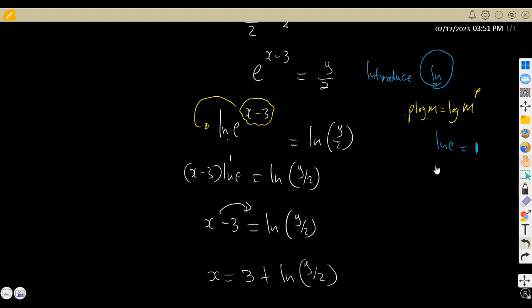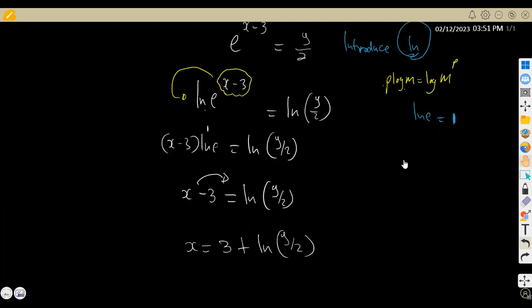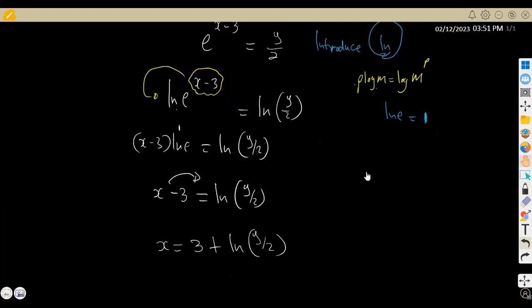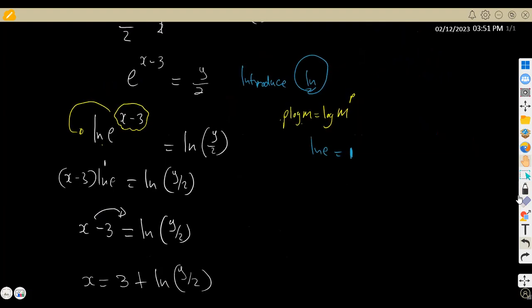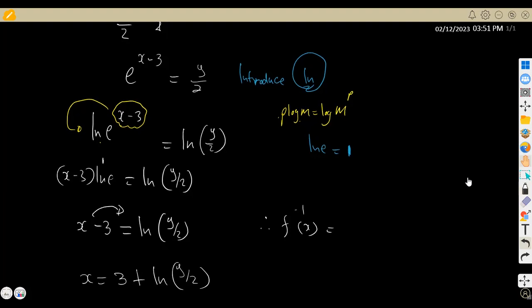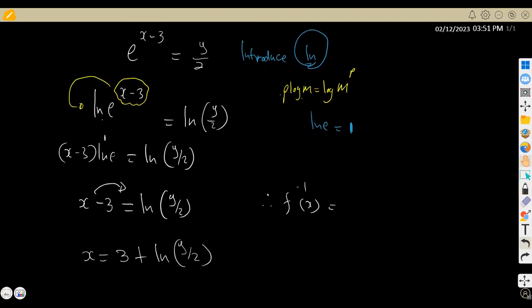So therefore, the inverse is simply taken from the x that you now have. That's where you now have your inverse. So therefore, our inverse of x is going to be, before that, we didn't transpose x and y.